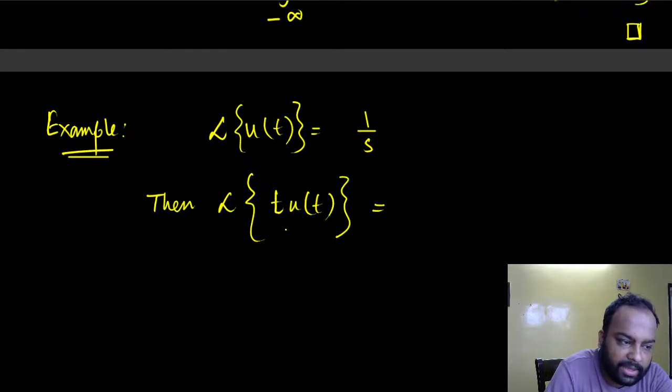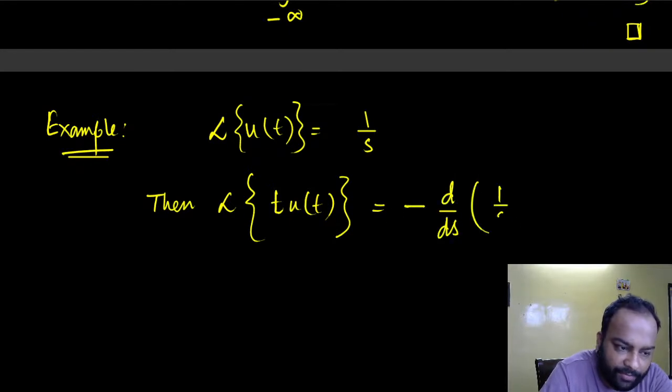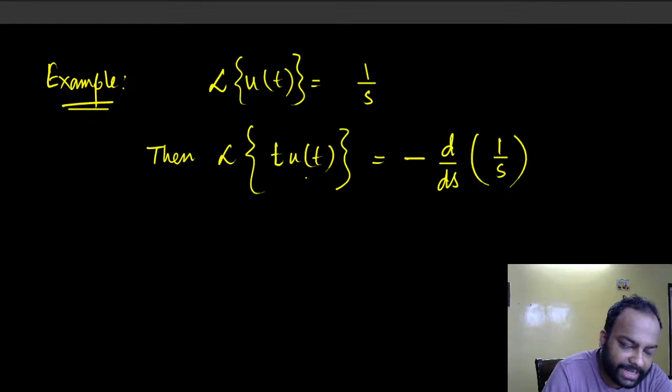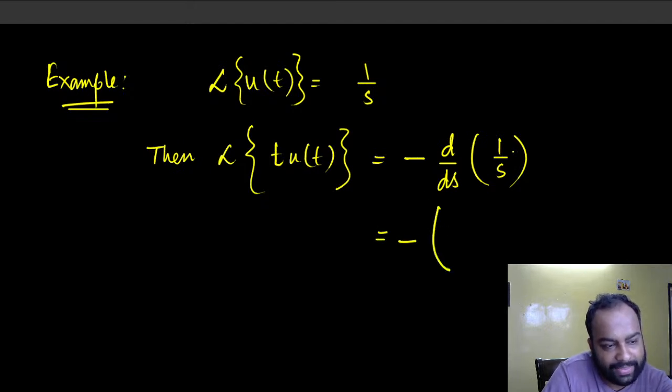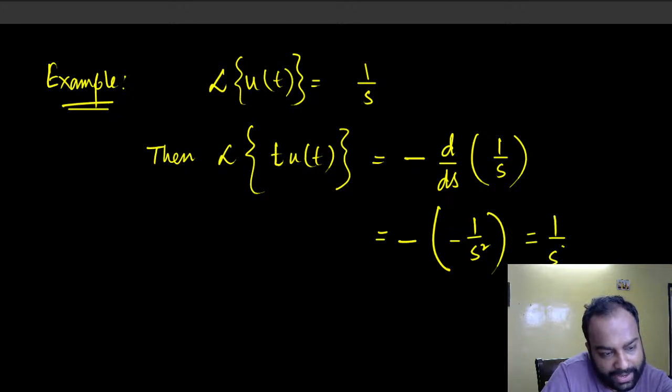Because we are multiplying, we have the same setting, and based on that we would have our frequency derivative of this. So this is your X(s) and this is your x(t), and we are calculating the Laplace transform of t into x(t), so that would be minus d/ds of X(s). Again we have a minus sign, and the derivative of this is minus 1 by s square, which is essentially 1 by s square.